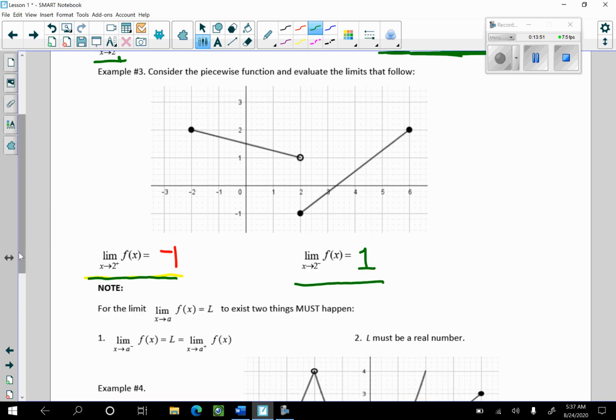For this limit to exist, the limit as x goes to a of f of x equals L, not from the right, not from the left, two things must happen. The left-hand limit must go to L, and the right-hand limit must go to L. That's when the limit exists.